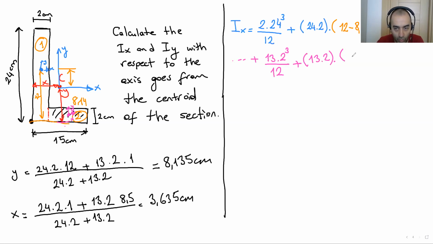This one minus 1, square. This gives me Ix. Okay. This gives me Ix. And we can calculate it with our calculator. It's easy.